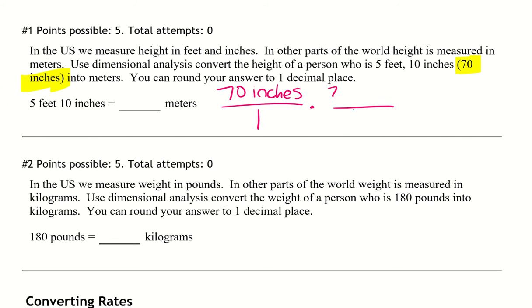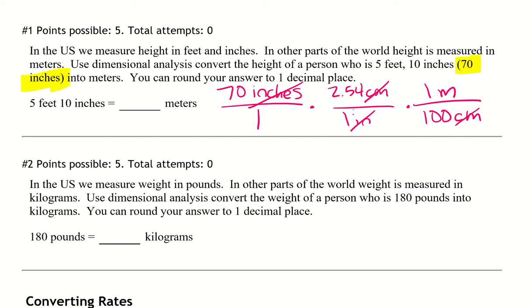So it's actually 2.54 centimeters in 1 inch. And since inch is on the top, I need to put it on the bottom to cancel. And then there are 100 centimeters, I put it on the bottom to cancel, in 1 meter.